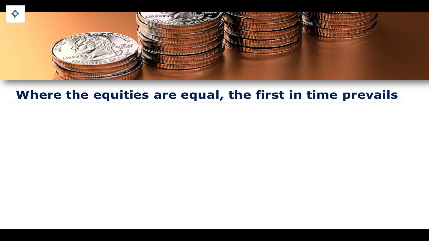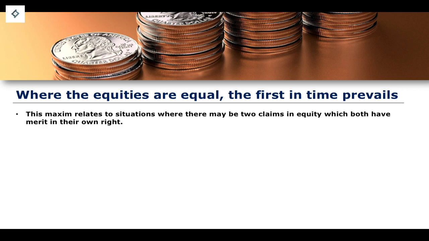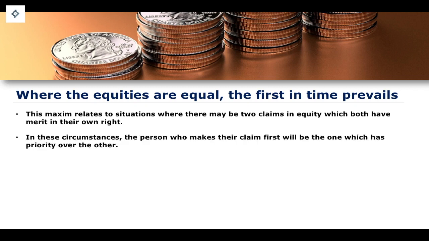Another important maxim is this idea of equity essentially being something which acts temporally. So where the equities are equal, the first in time prevails. Essentially it means that where there are two equitable claims that both have equal merit in their own right, in those circumstances, the individual or the organization who made that claim first will be the one that has priority over the other.